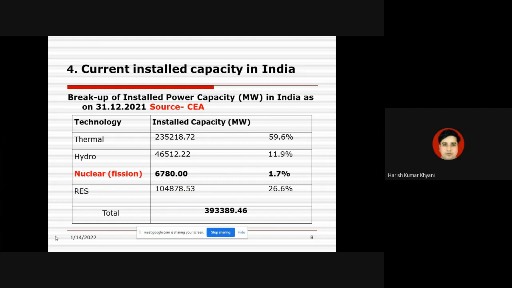And I have written especially fission because from fusion, as of now, we are not getting any kind of energy, right? Here, RES stands for renewable energy sources like solar, wind, etc., and it accounts for around 27%. So our next slides are mainly focused on nuclear fusion.